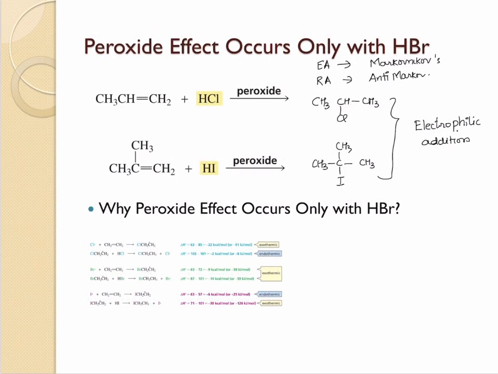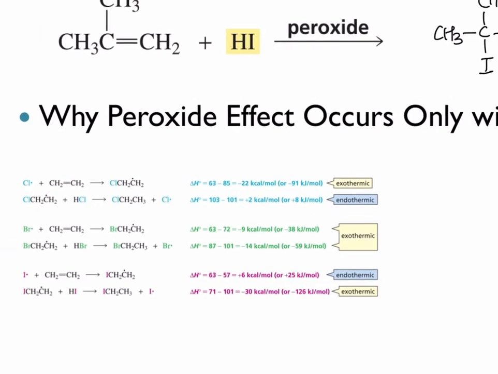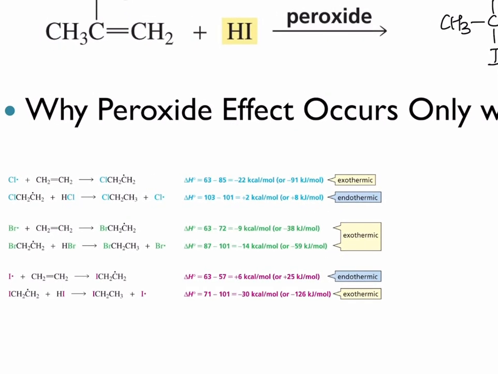Now, what is the reason why the peroxide effect occurs only with HBr and not with HCl or HI? Now, the answer for this comes from the delta H values. So if you take a look at both the propagation steps, we can see only for HBr, we have both of those steps to be exothermic. Whereas in the case of HCl and HI, there is at least one reaction which is endothermic, right? In order for the radical addition reaction to proceed successfully, we want the propagation steps and the termination step to be competing with each other, right?